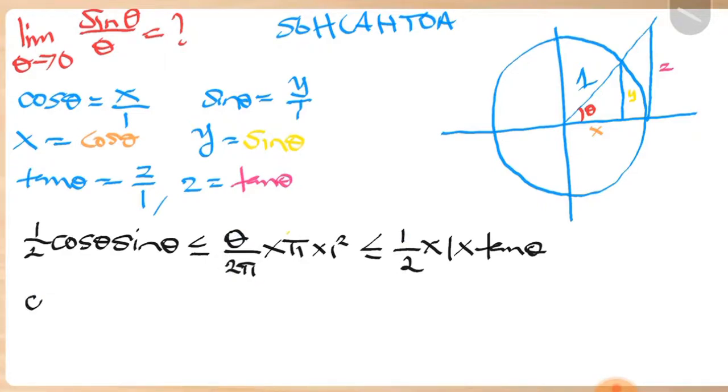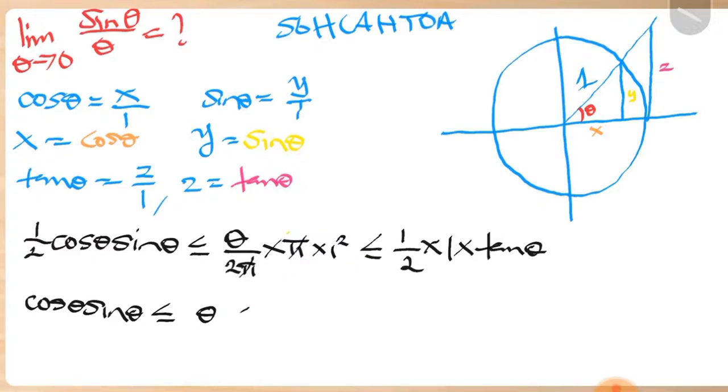So we now have cosine of theta times sine of theta is lesser than or equal to theta. The 1 over 2 here has been cancelled out, and we cancel pi, so we just have theta here. Of course, 1 squared is still 1, and 1 times theta is still theta.